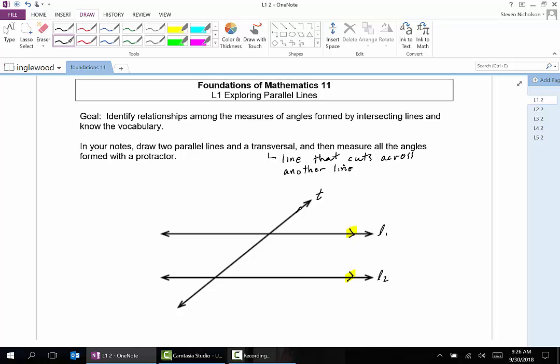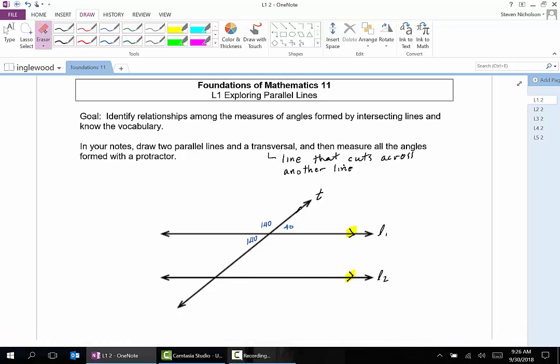So pause the video right now and measure all the angles. Do it as accurately as you can, but you are going to see certain relationships. Okay, so now that you've measured them all, I'm just going to put in my measurements and see if yours match up, or they should be pretty close.